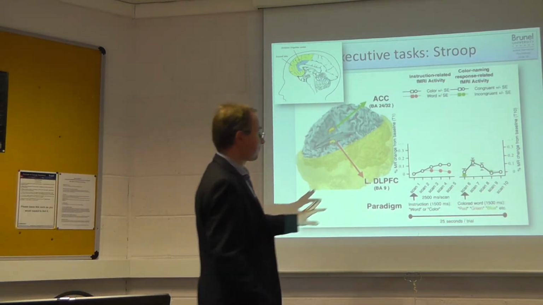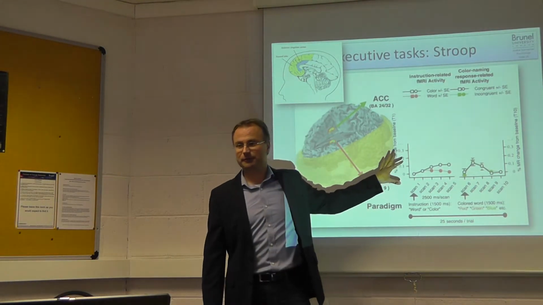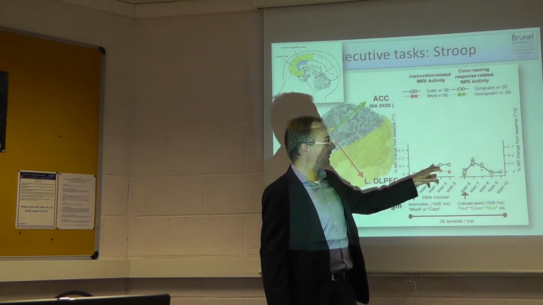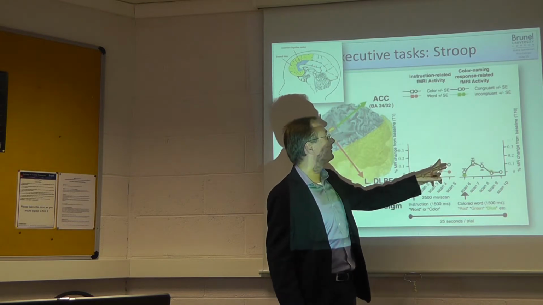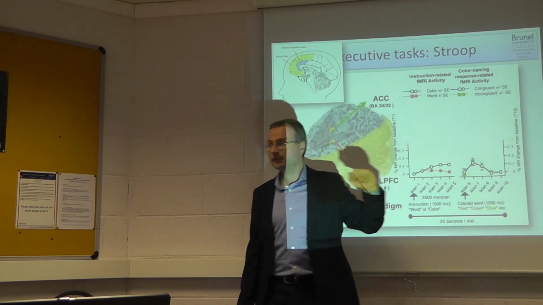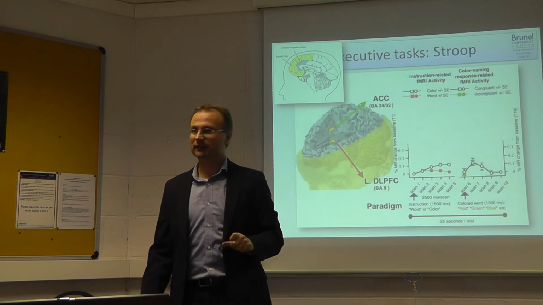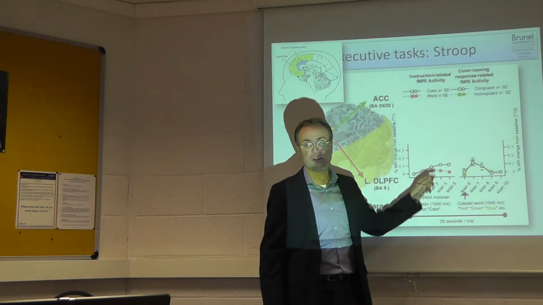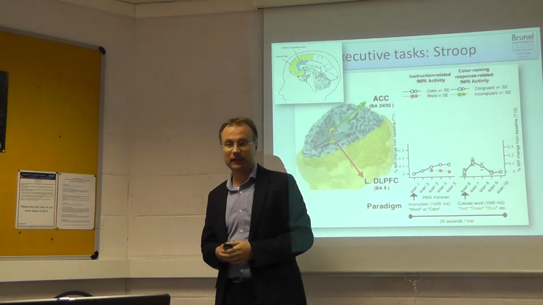These are the data for the lateral prefrontal cortex. As you can see, lateral prefrontal cortex shows specifically activity when the difficult task is expected, the task which may result in interference, while it only shows moderate activity for the easy task.